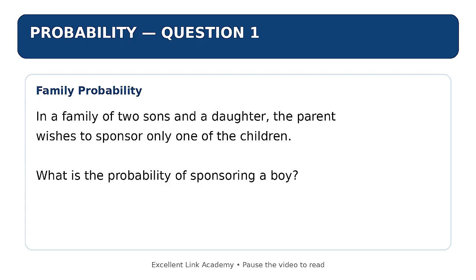Example 2, please. It says, in a family of two sons and a daughter, the parents wish to sponsor only one of the children. What is the probability of sponsoring a boy?